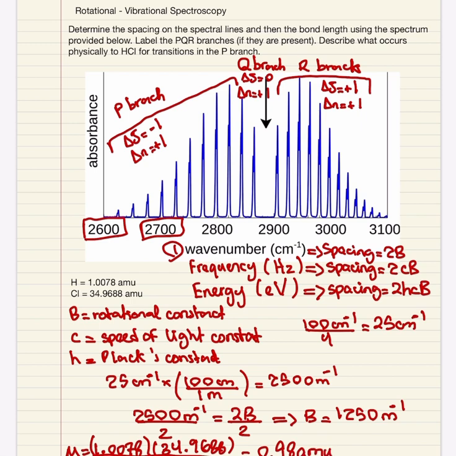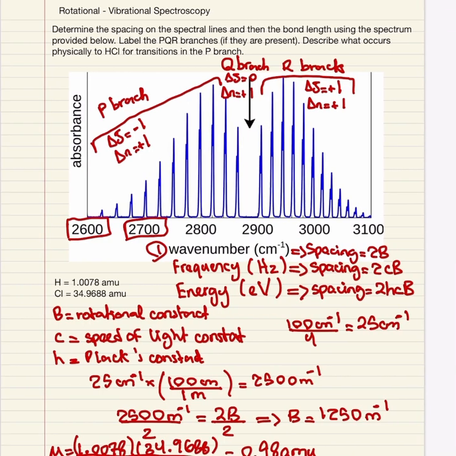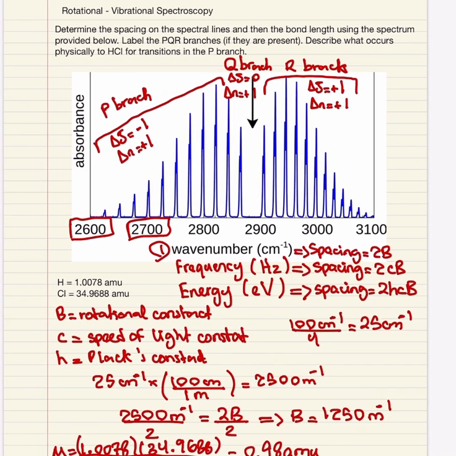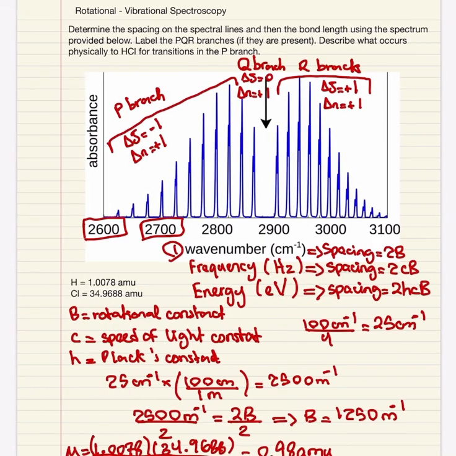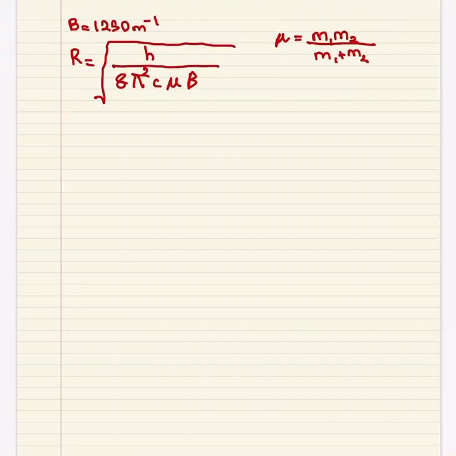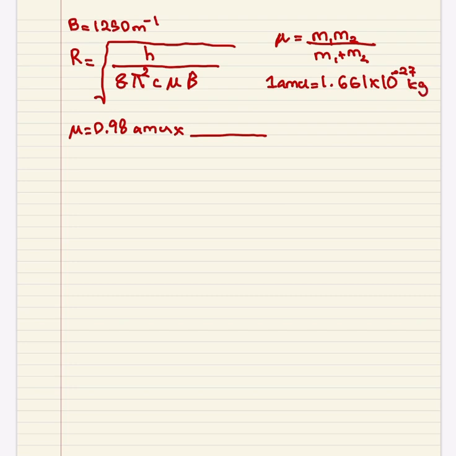Well, we're not done yet. We need to convert the AMU into kilograms because we cannot put that into the formula, since the units need to be consistent. So mu equals 0.98 AMU, and we are going to use the conversion where 1 AMU is equal to 1.661 times 10 to the negative 27 kilogram, which is given on the exam.